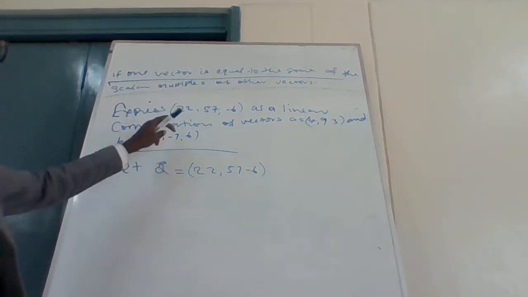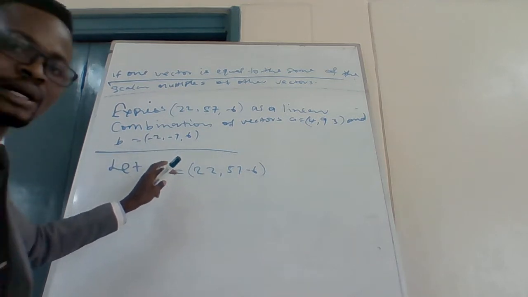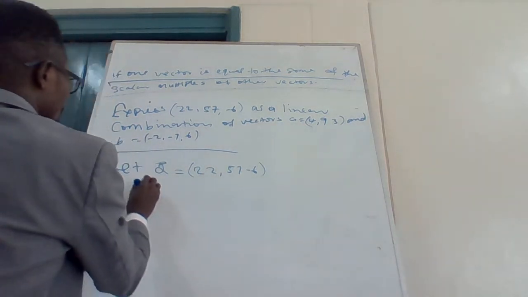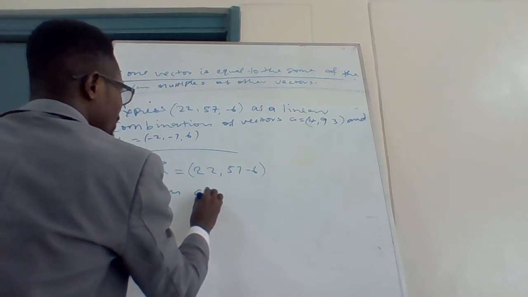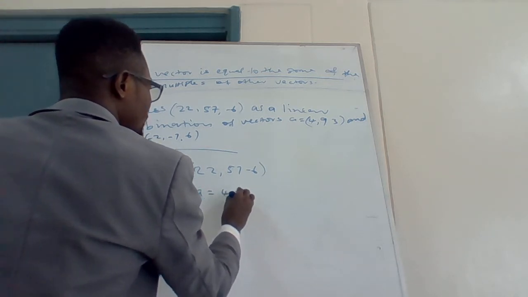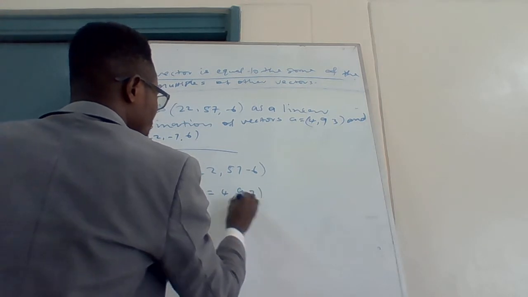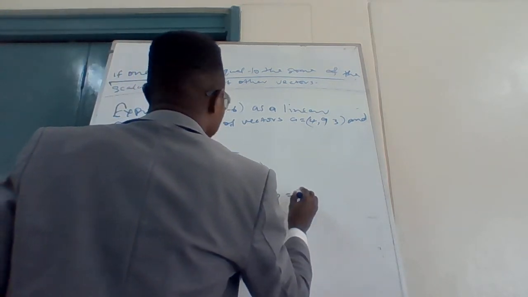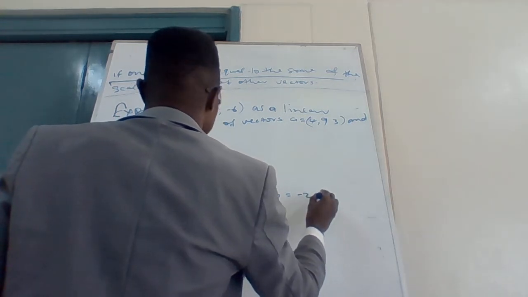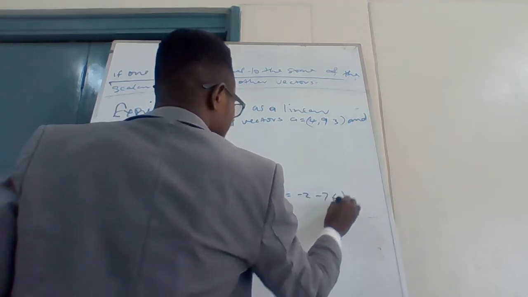So we let alpha represent a vector, and we are given vector A to be 4, 9, and 3, and B was -2, -7, and 6.